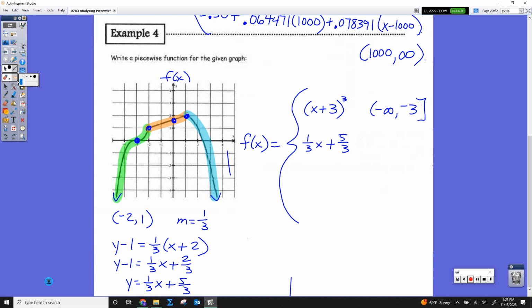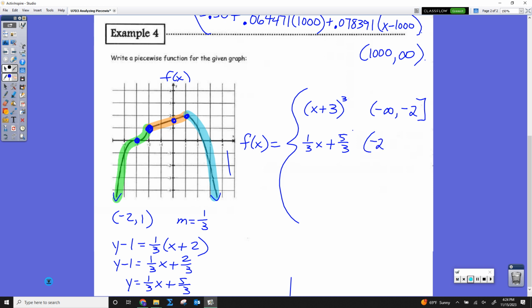Our cubic did not go to -3. There we go, it went to -2, right? So -infinity to -2. Okay, that's fixed. Now we have our linear portion, which starts at -2. Again, you can put a bracket or parentheses, but I've already incorporated the bracket from above.